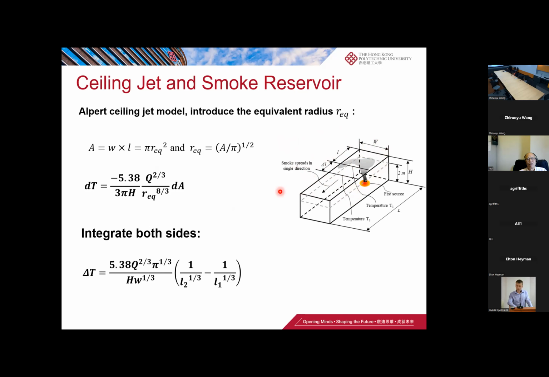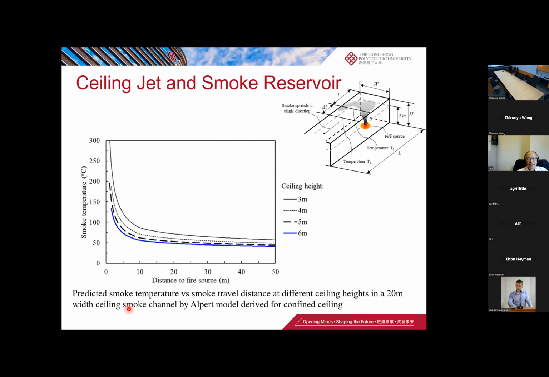This is the only assumption applied in this equation. Based on this equation, we replot the case we plotted for the Delegacies model. We can see the discontinuity point disappears, and also for the higher ceiling height we get a lower temperature. This is consistent with what we observed in many cases.